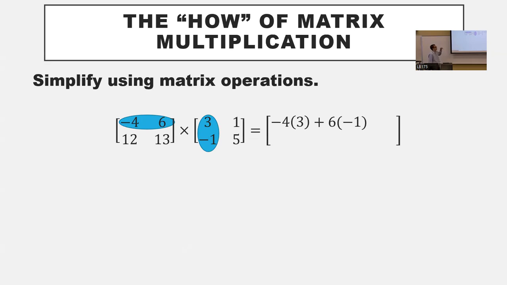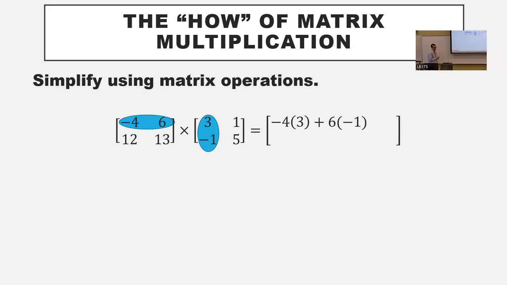And when we do that, we take this row, I think of it as turning upright, multiplying by the column, corresponding entries, adding those together.